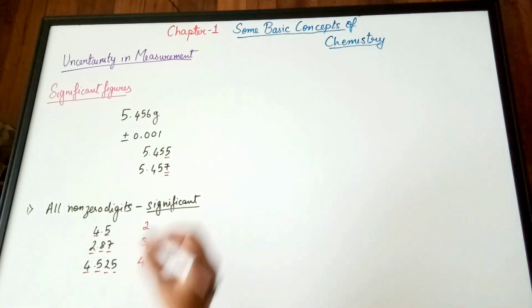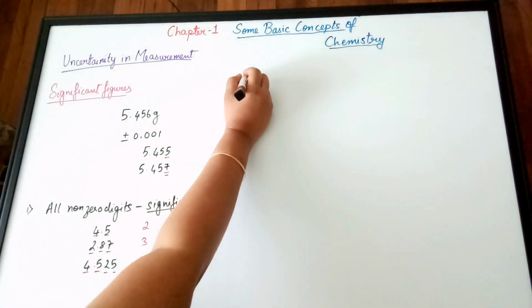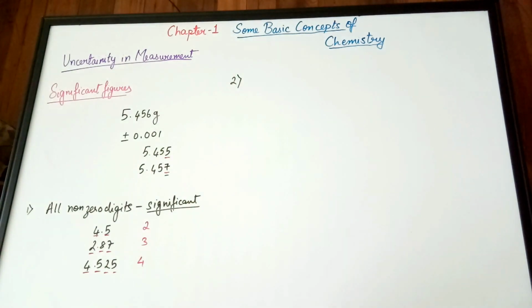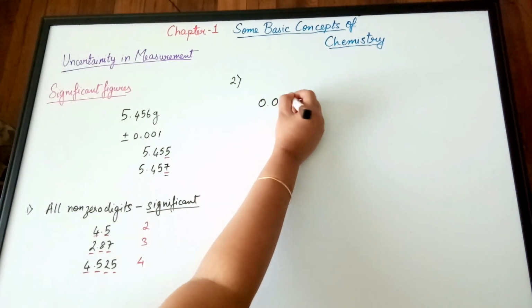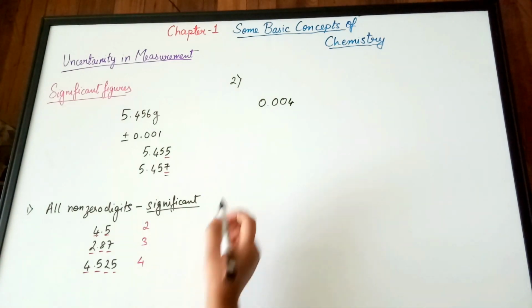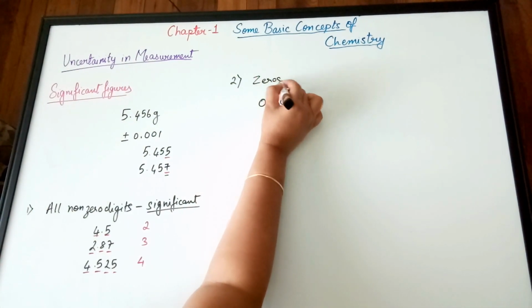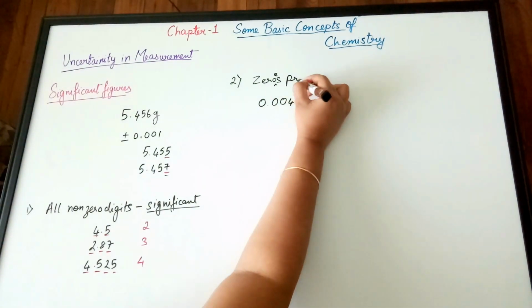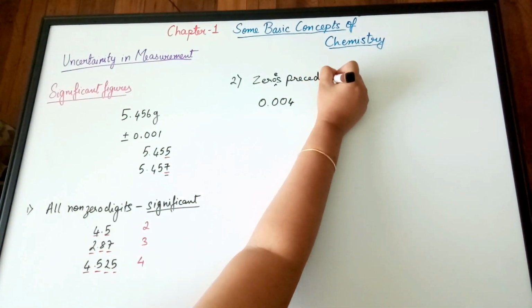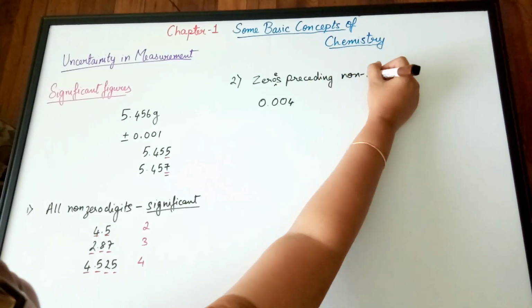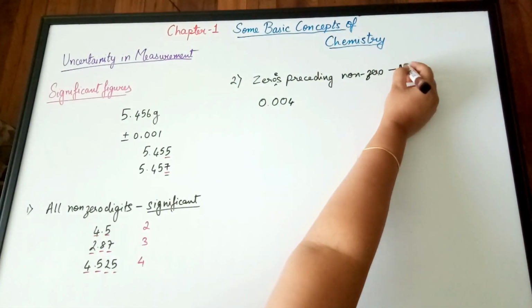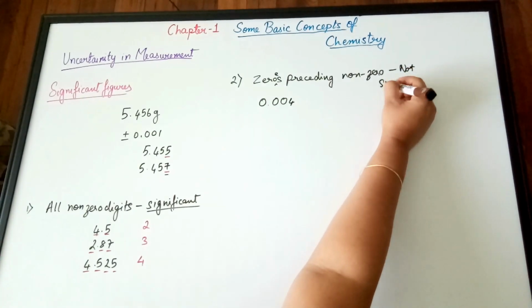So all the non-zero digits are going to be significant. That's the first rule. The second rule is that zeros preceding the first non-zero digit are not significant. This I think is better understood with an example. Let's take the example of 0.004. The rule states that the zeros preceding the non-zero digit are not significant.